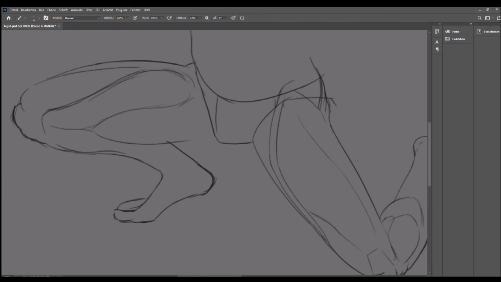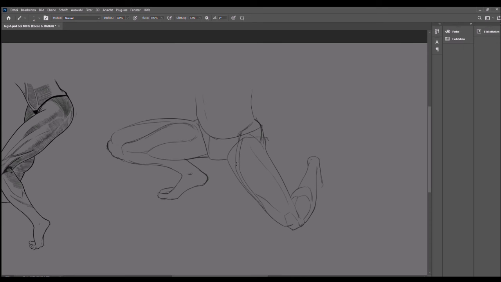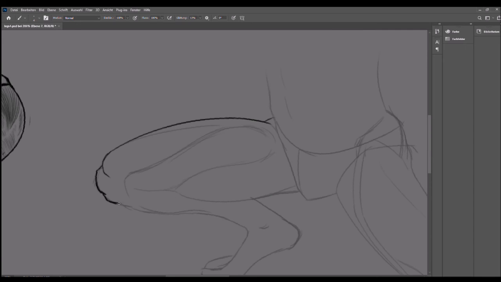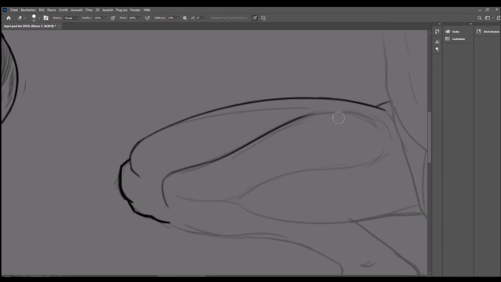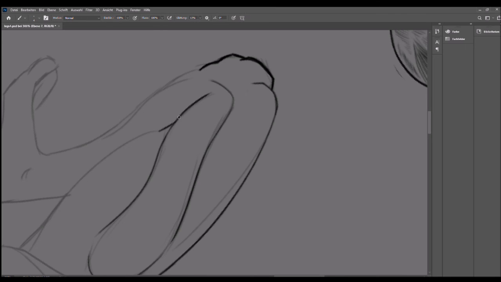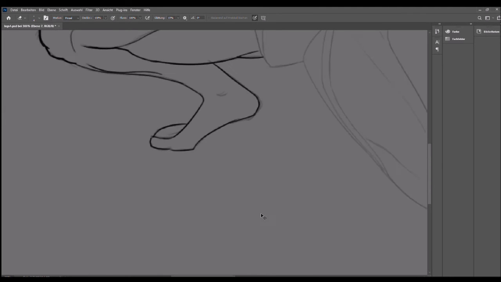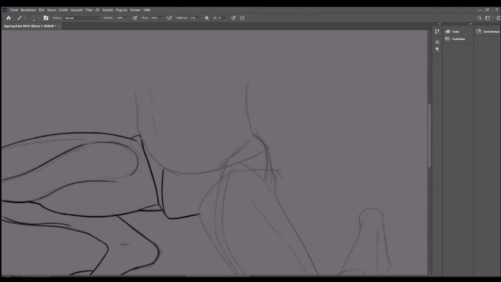If I look at concept art of robots, for example, or androids, you see so many mechanical parts which are just imitating what the human body is doing, and you will immediately have a lot of ideas for details.